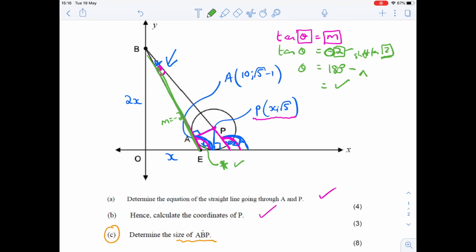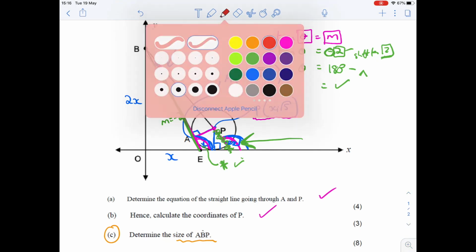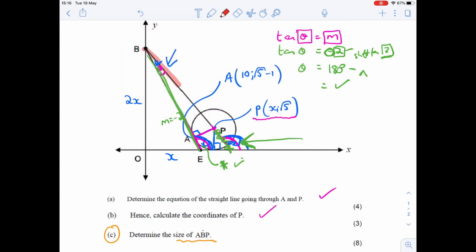Now, the next angle to find is going to be this angle here. So now we need the gradient of this line here. It's looking a bit messy, sorry, but if you can stay focused. We're looking for the equation of line BP. Let's use a highlighter. We're looking for the equation of this line here, BP.